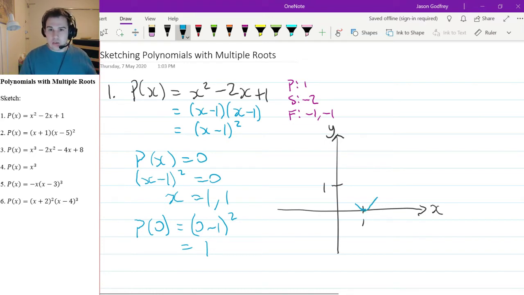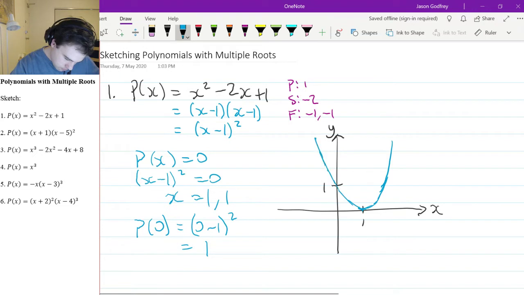So it's essentially bouncing off the axis, right? So because it's positive x squared, it'll start up top right. It'll come in and bounce off the axis, and go up like that.